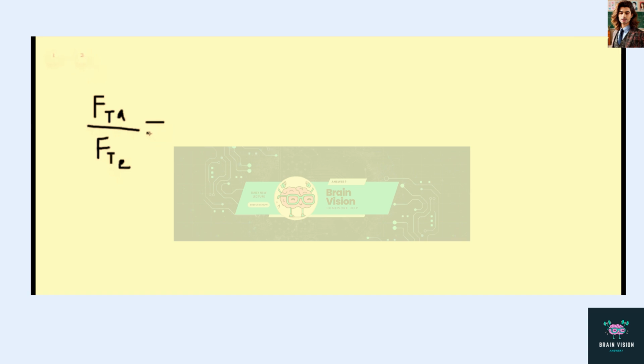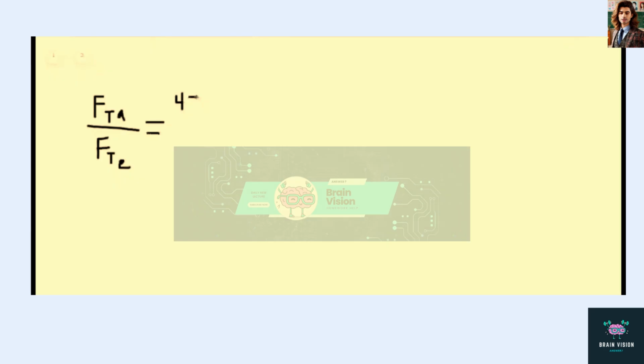So this is going to be equal to, we have 4 pi L squared, the length of A squared is the same as E squared, so we'll just write L squared for the acoustic and the electric since they're the same, rho A times F squared, which is the same for the acoustic and the electric, times pi times RA squared. So this is 4 pi L squared.